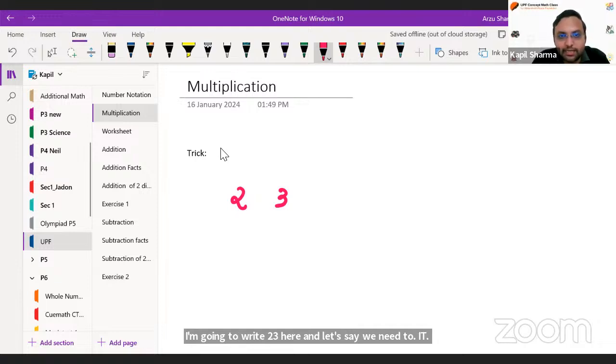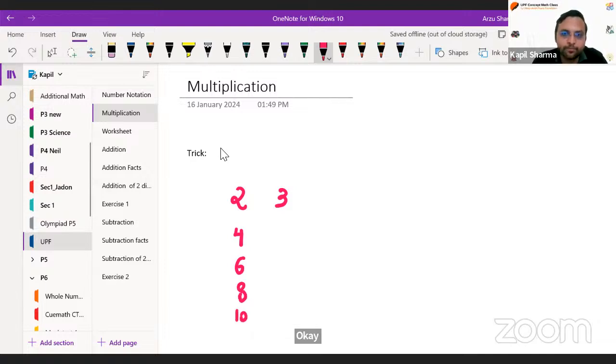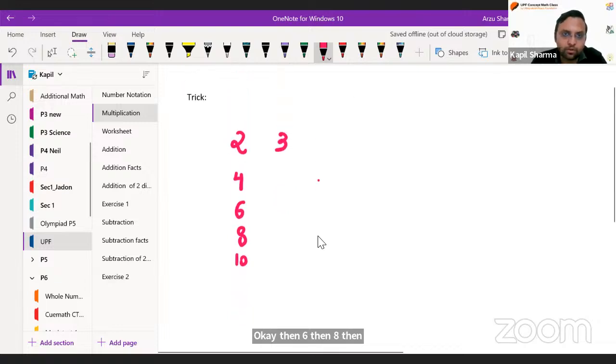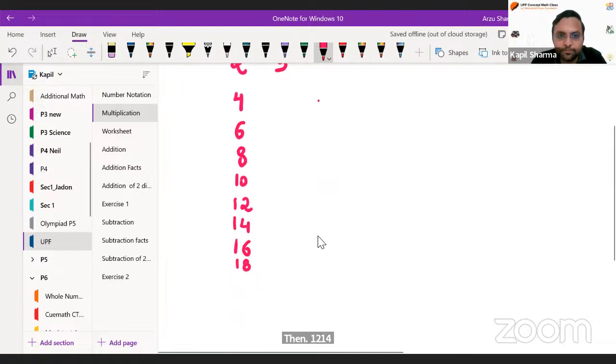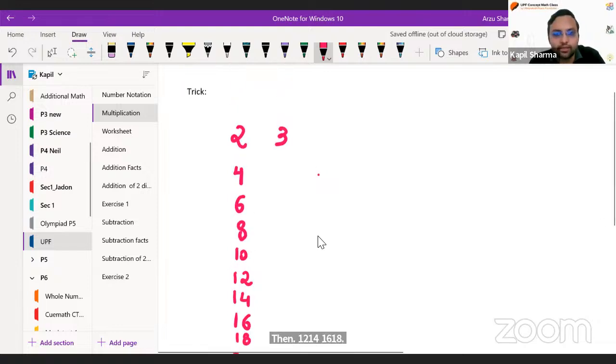We are going to write the multiples of 2 first. So multiples of 2 are 2 itself, 4, then 6, then 8, then 10, then 12, 14, 16, 18, and 20.